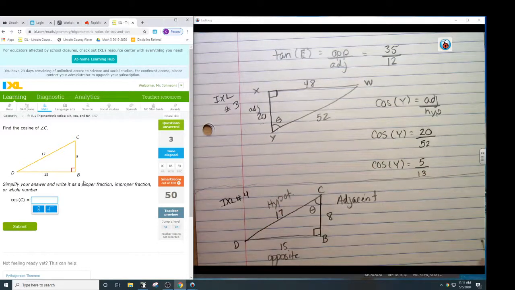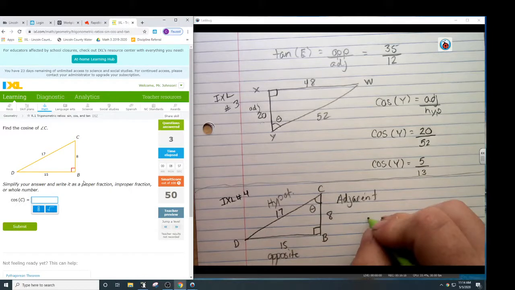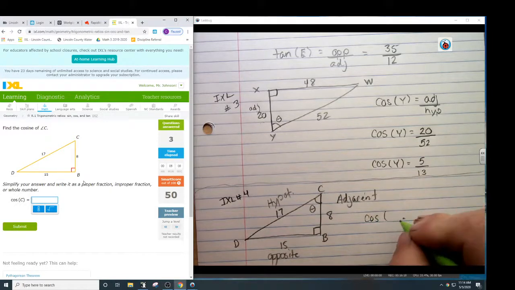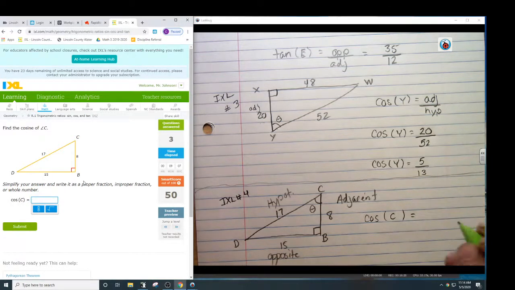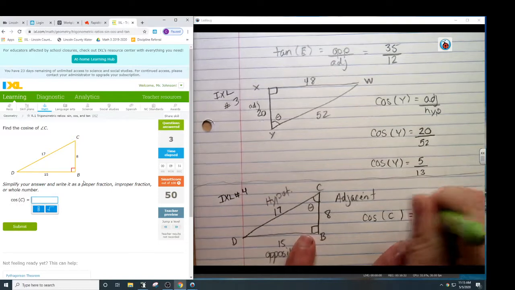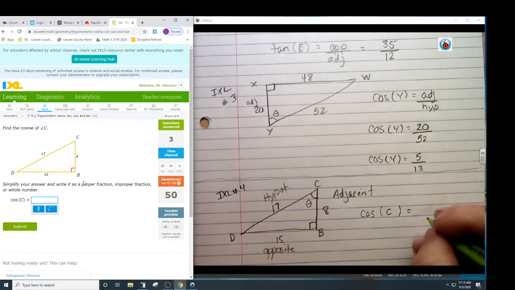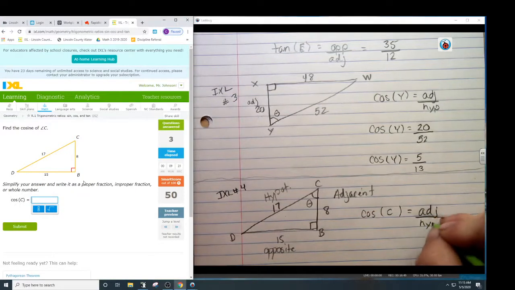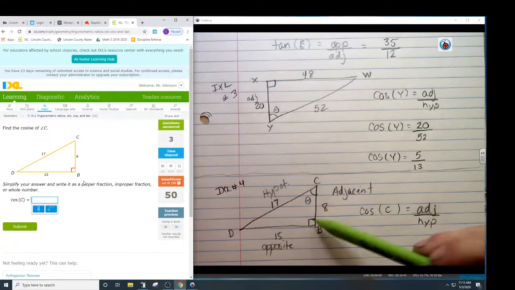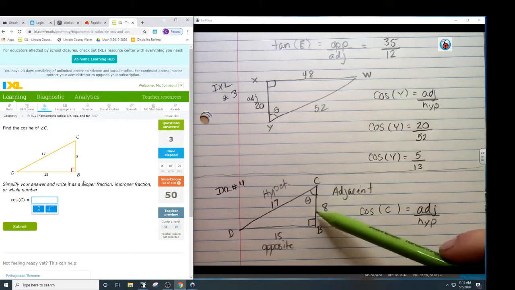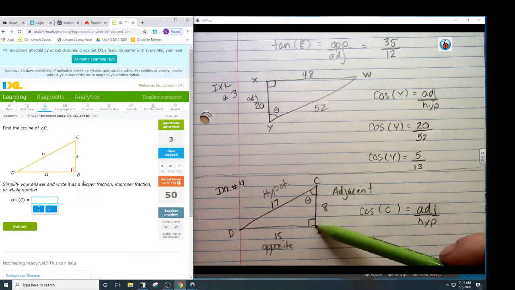Now, remember, cosine, in this case, it's C. The cosine of C is equal to, the cosine is always adjacent over hypotenuse. So let's figure out what our adjacent side is. Our adjacent side is the side touching the angle that is not the hypotenuse.